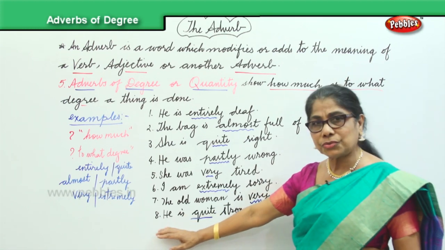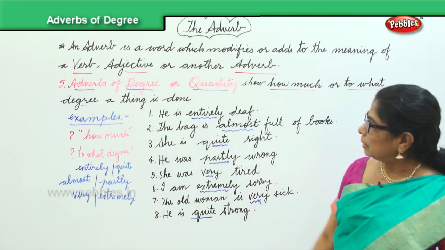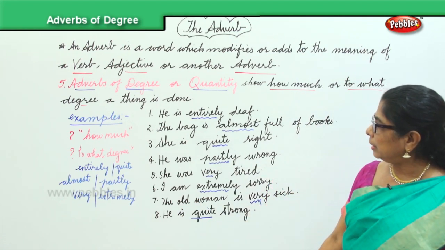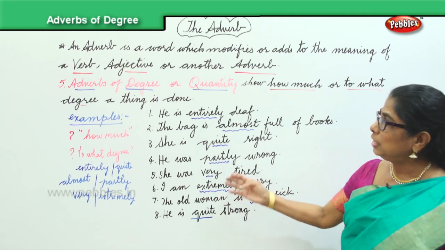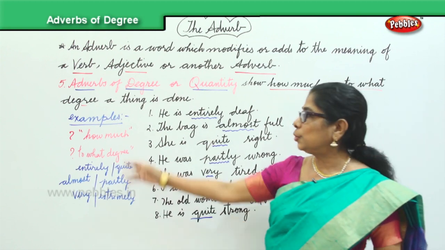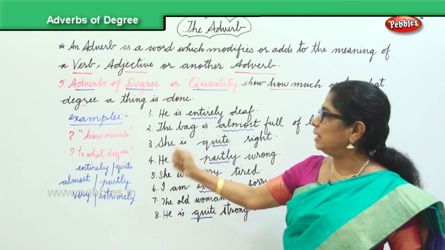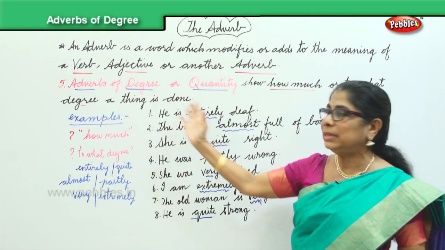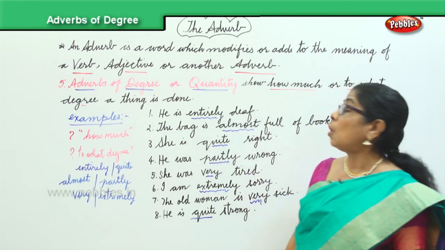And he is strong, quite strong, not a little bit. So the words entirely, quite, almost, partly, very, extremely, all these words help us to answer the question, how much, to what degree the person is deaf or whatever. Then we know these are adverbs of degree or quantity.